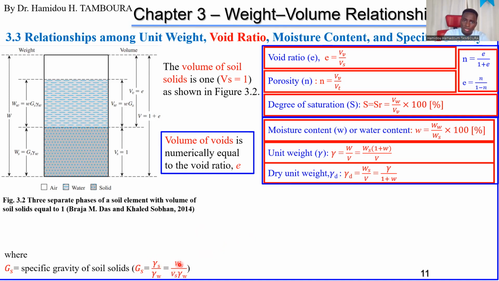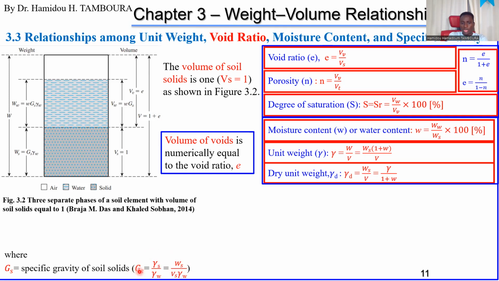Ws divided by Vs. So by replacing this unit weight of solid with its formula, weight of solid divided by volume of solid, we can get this formula.